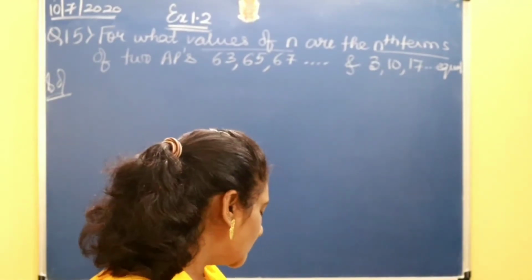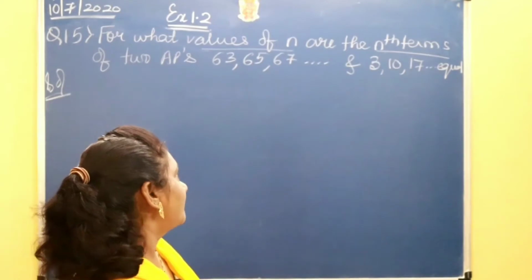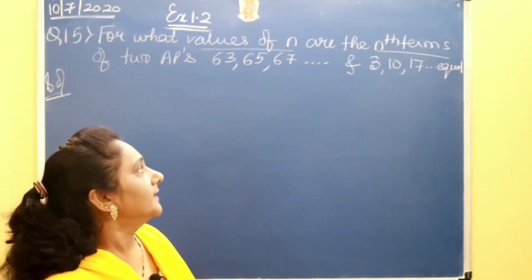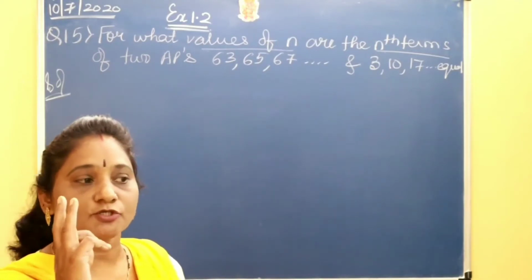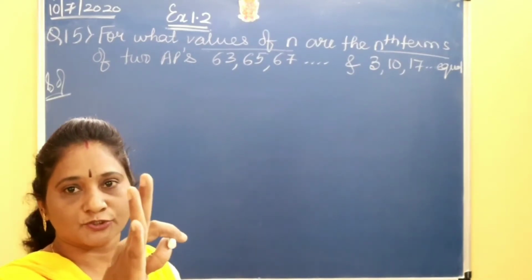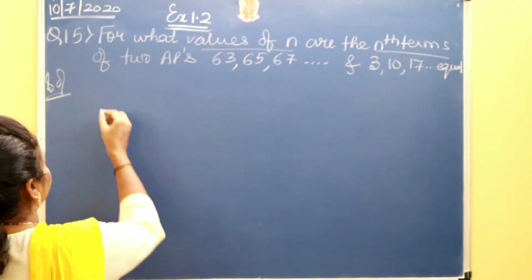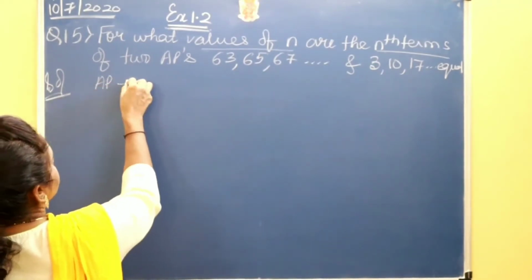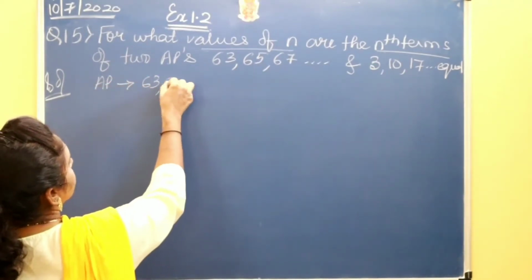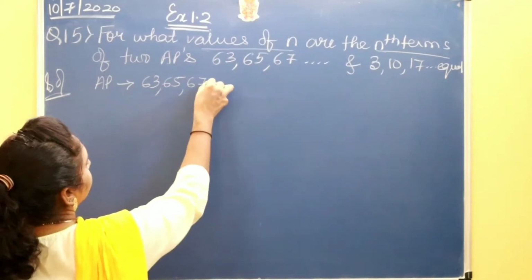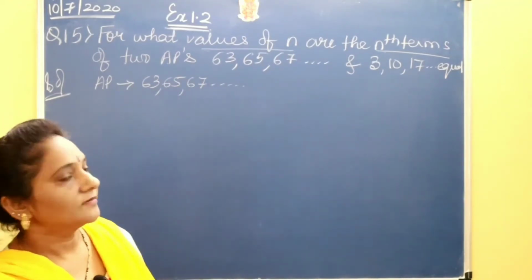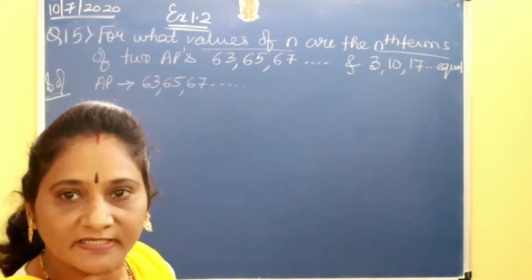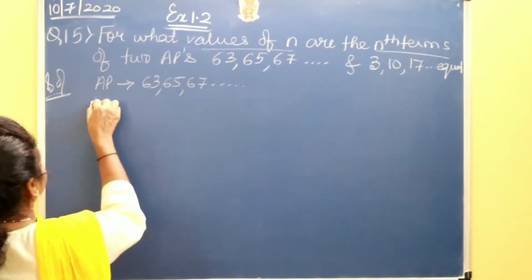The 15th question is, for what values of n are the nth terms of two APs equal? There are two APs given in the question. The first AP is 63, 65, 67 and so on. The second AP is 3, 10, 17 and so on.